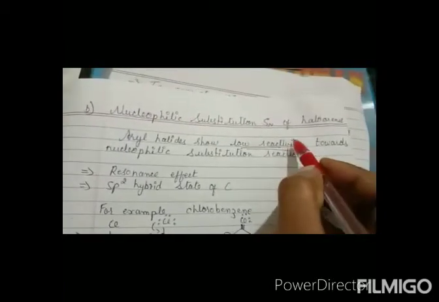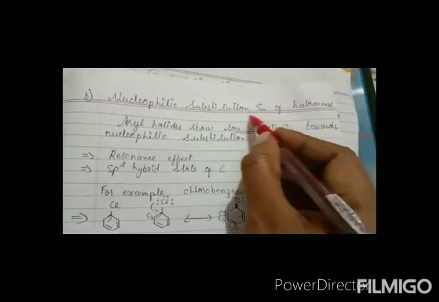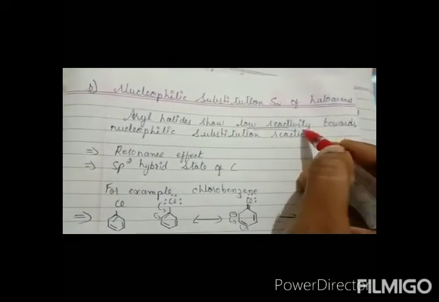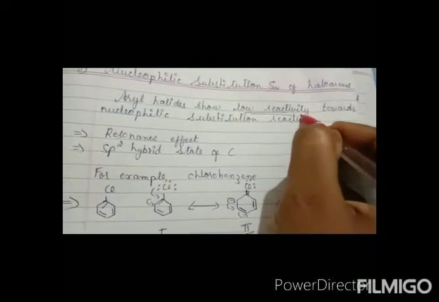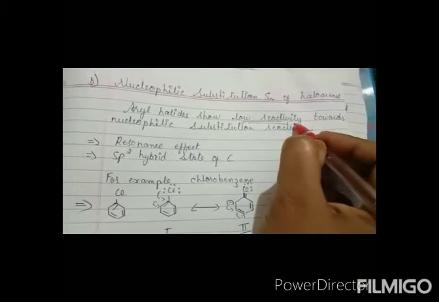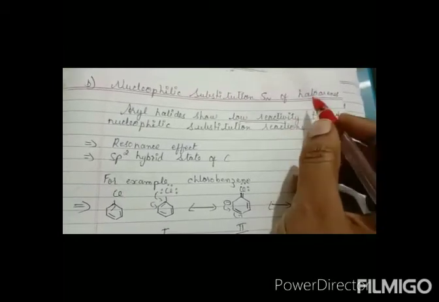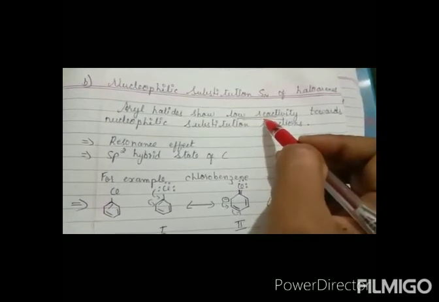This is the major point. We are well aware of the substitution reactions we did in alkyl halides. Now we are seeing the reaction of haloarenes, which actually show low reactivity.